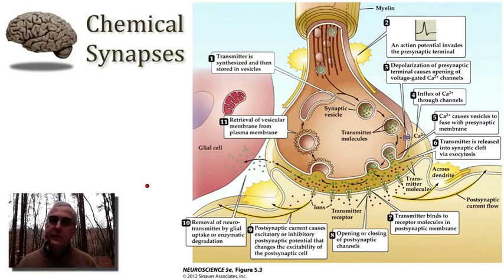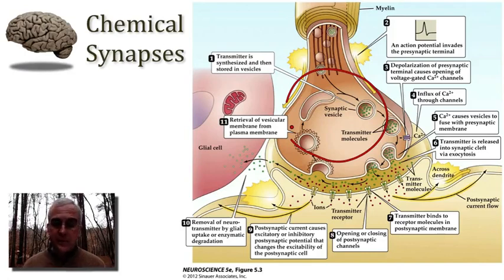So let's consider the sequence of events that unfolds as an action potential leads to the release of neurotransmitter and the generation of a postsynaptic signal. This process begins in the steady state, and what we find there in the presynaptic terminal are a variety of organelles that are involved in the production of energy, the production of the membrane that's needed to package up neurotransmitters into vesicles, and then the machinery itself that manages the flow of vesicles and ultimately their fusion with the presynaptic terminal.